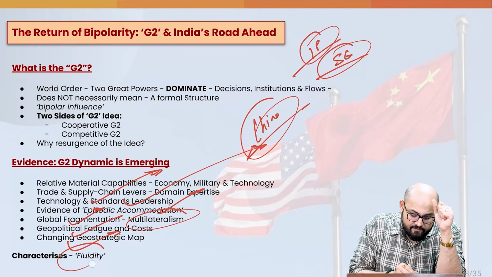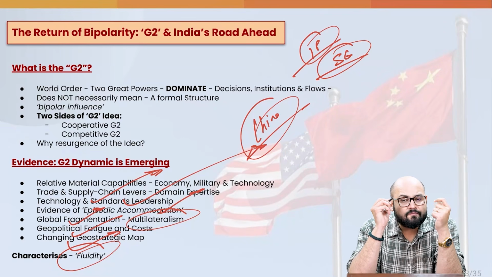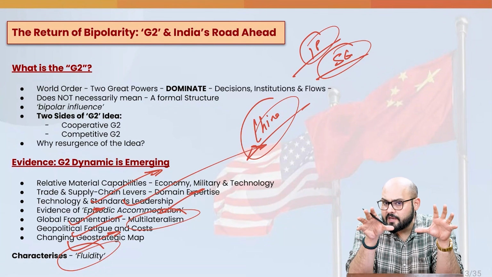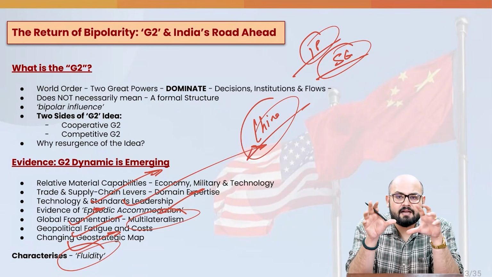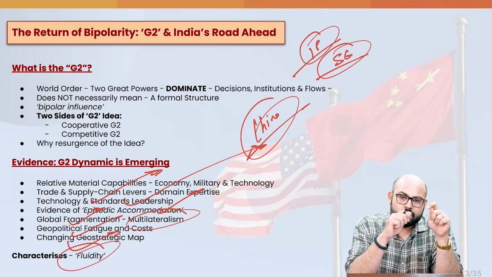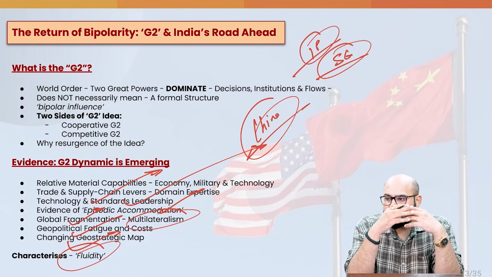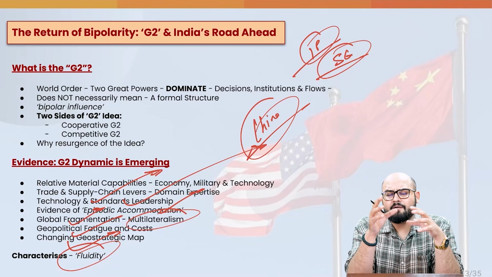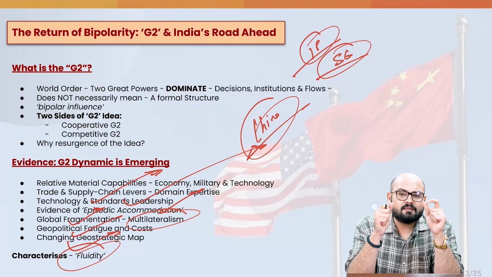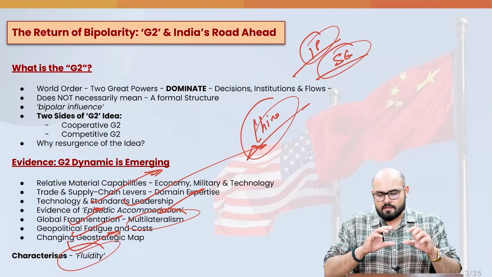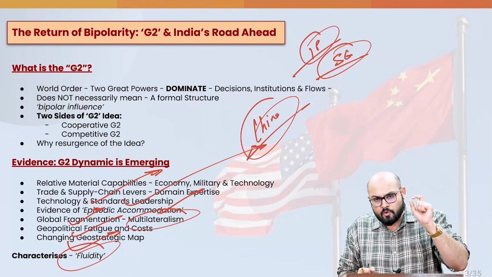It characterizes the fluidity. What it means is that when we talk about a formal duopoly, that is not there, right? We cannot say that there is a formal duopoly where these two countries are always taking the decision. No, sometimes we also have the other players who are taking decisions, or countries coming together on multilateral setups. Or we also cannot say that there is constant cooperation, right? There is no constant cooperation and there is no formal duopoly.